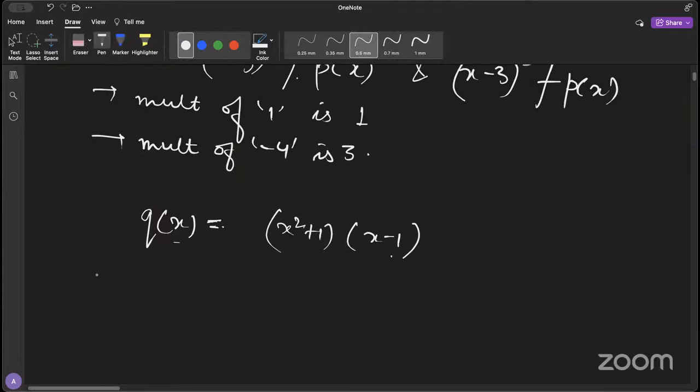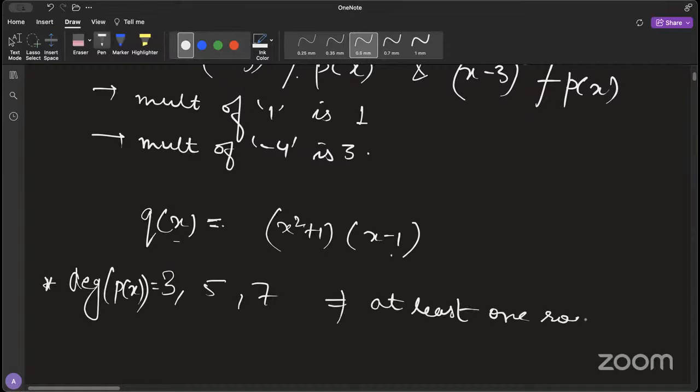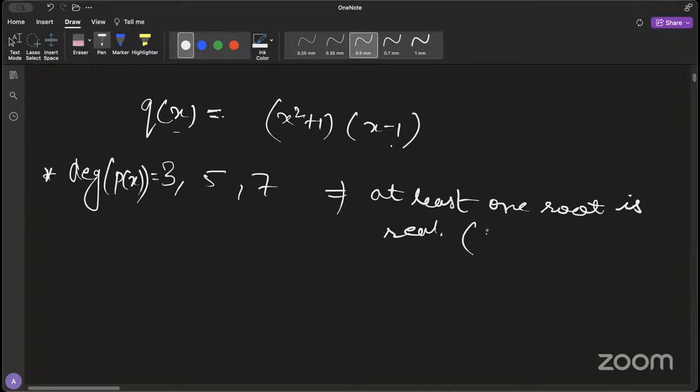Now the next point is, if you have 3 roots, 5 roots, or 7 roots, that is, if this is the degree of a polynomial, this implies at least one root is real, because complex roots appear in conjugates.